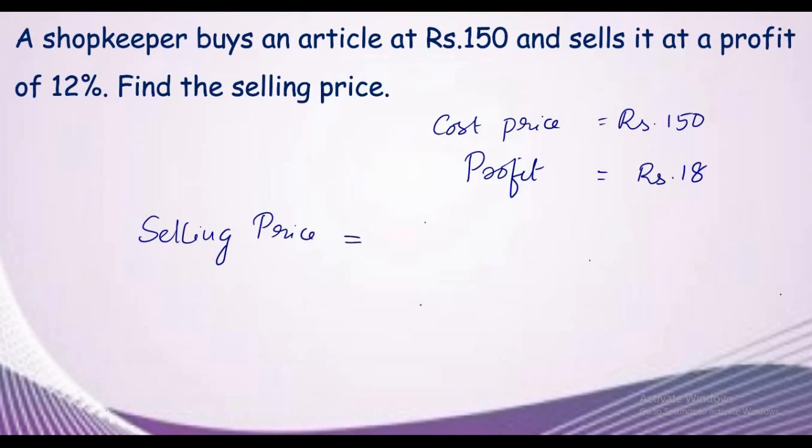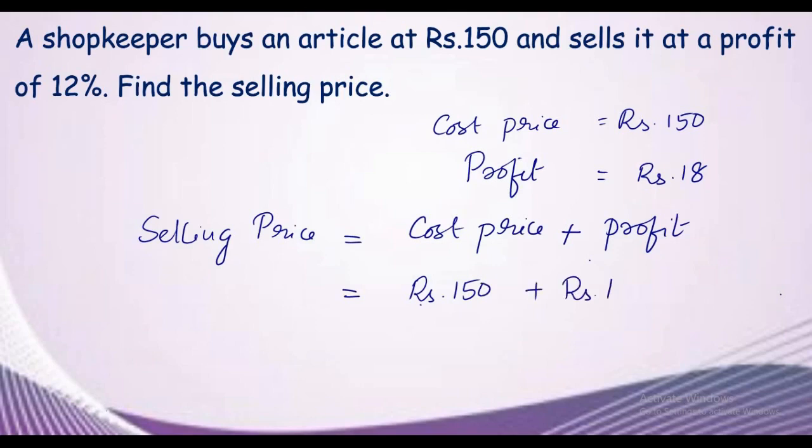So selling price is equal to cost price plus profit. It is equal to rupees 150 plus rupees 18, which is rupees 168. So the selling price of the article is rupees 168.